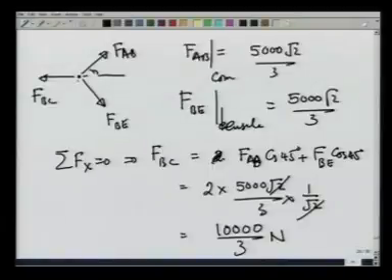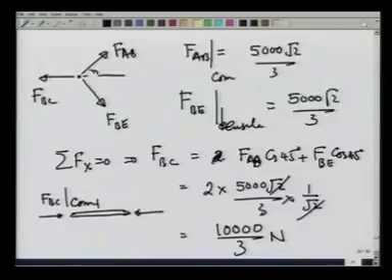And since the pin is being pushed out, the pin will push the rod in, and therefore, on the rod the force FBC is compressive, and this is of the magnitude 10,000 over 3 newtons. So, now we have found the forces. Let us make this truss again.